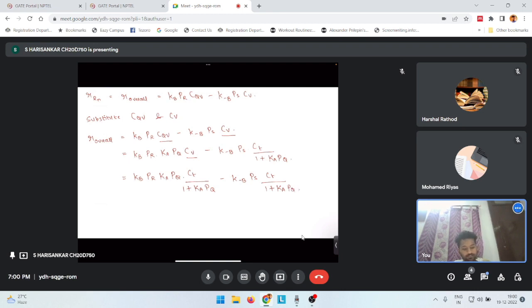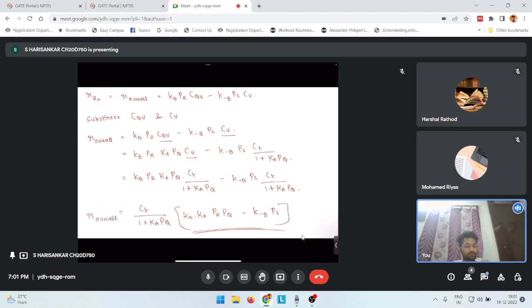So we can take these two terms out. So CT by 1 plus Ka PQ into Kb into Ka PR PQ minus K minus B PS. So this will be our overall reaction rate.